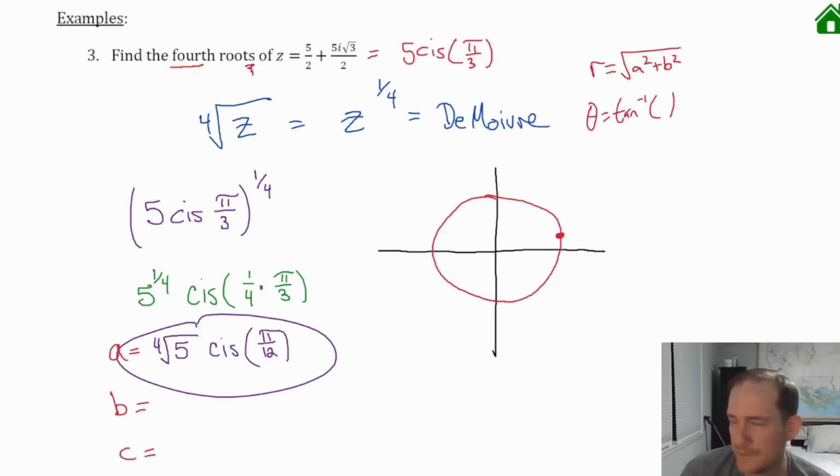And I went off the screen, but I think I realized it pretty quickly. Not that quickly. Alright, but if there's 4 of them, then 360 divided by 4 is going to tell me that they're all 90 degrees apart. So guess where the other guys are going to fall?